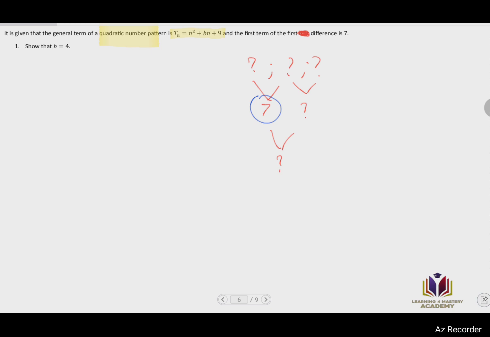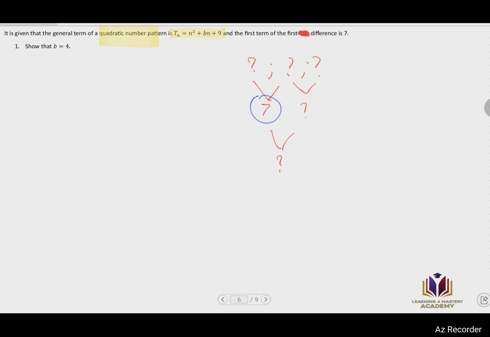Now, looking at this, they said show that b is equal to 4, right? Already, I know that, okay, with the information provided to me, I'm given the formula, which won't help me with much, right? But the second part of the information is exactly what I need to calculate the value of b.